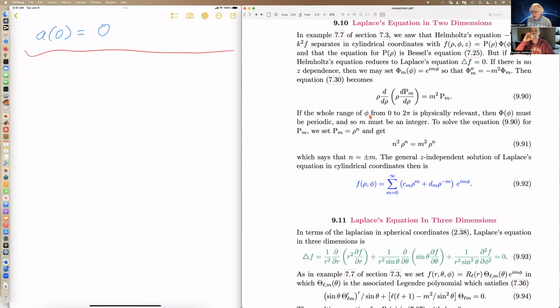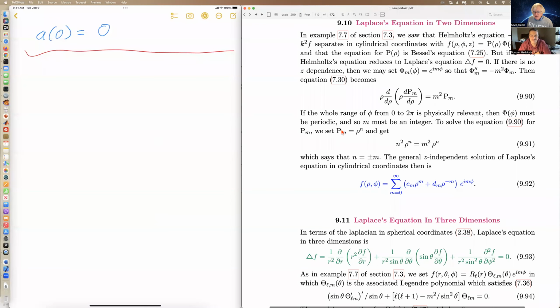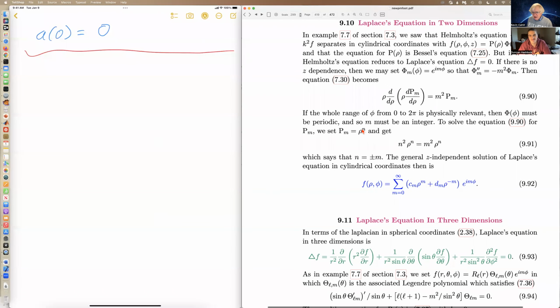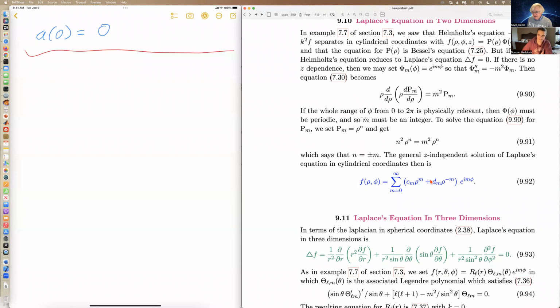If the whole range of phi is relevant, then Phi must be periodic, and so m must be an integer. In that case, we just say R_m is rho to the n, and we get n squared is equal to m squared, so n is equal to plus or minus m, and then the z-independent solution of Laplace's equation in cylindrical coordinates takes this rather simple form.